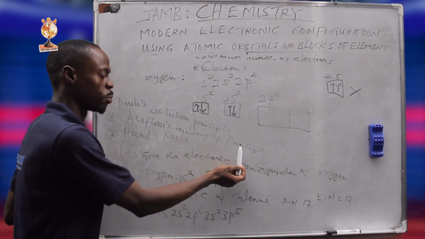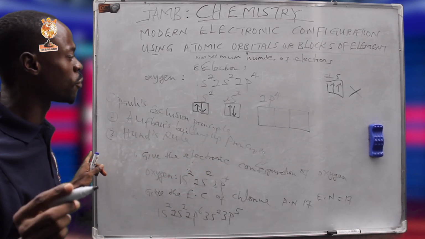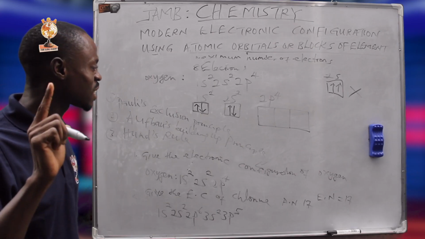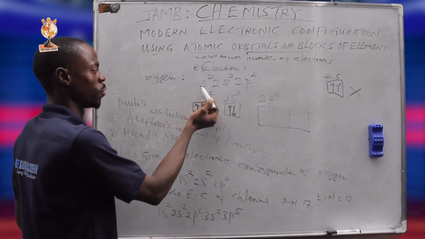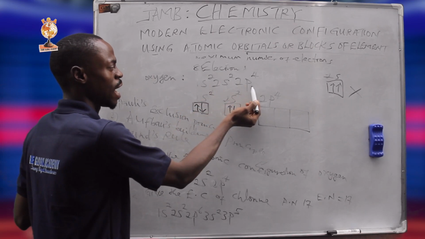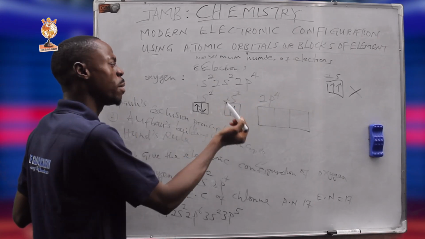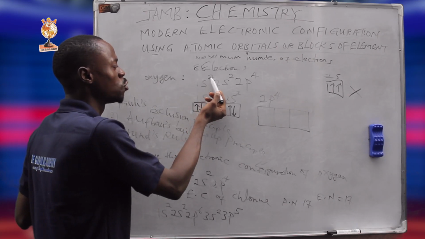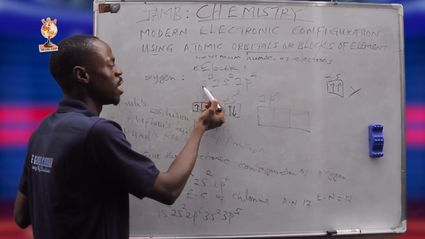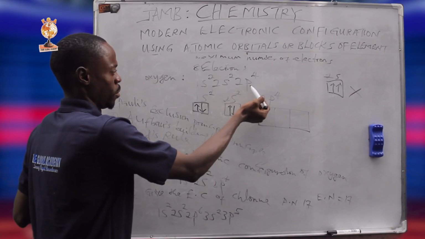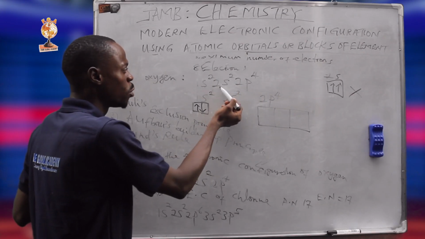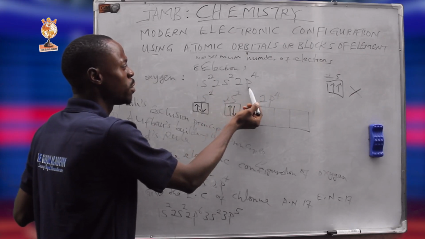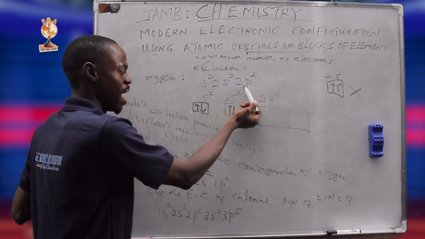Aufbau's building up principle states that electrons are fed into orbitals starting with the lowest energy level before filling those of higher energy level. What do we mean by from lowest energy level to higher energy level? 1s2 is the lowest energy level as seen on the board, followed by 2s2, while 2p4 is the highest energy level.